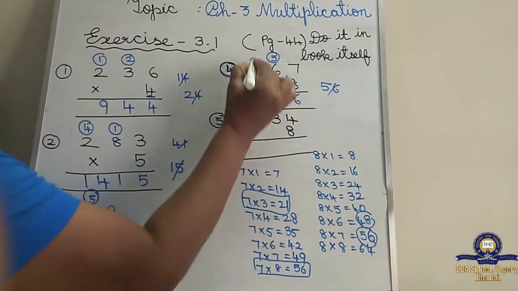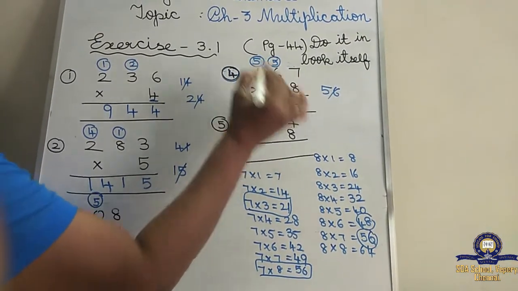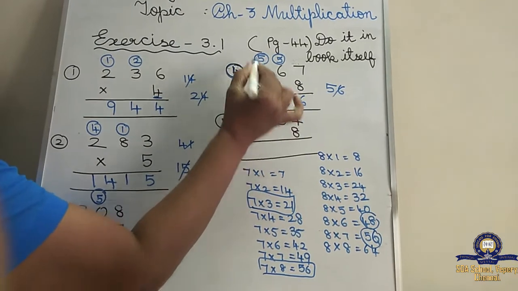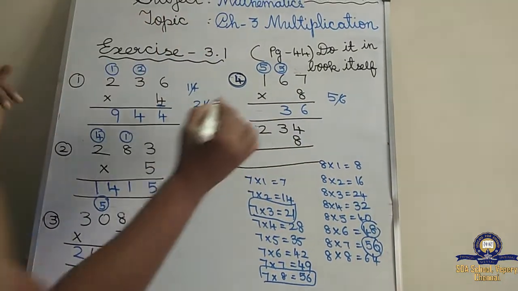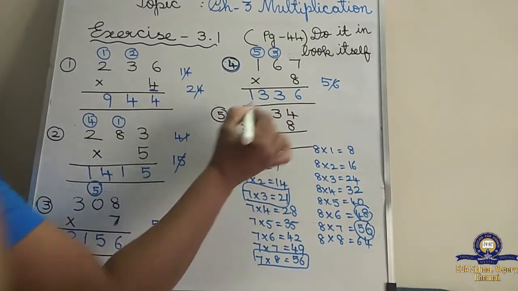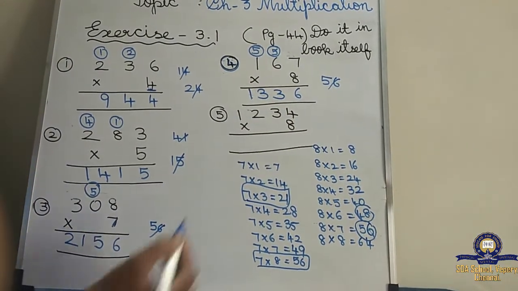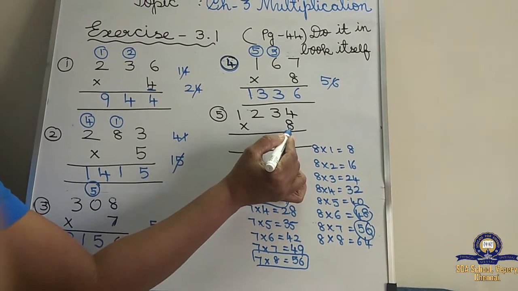So 3 and 5 you have to bring above this. 8 1s are 8. 8 plus 5 is 13. So what's the answer? 1336.